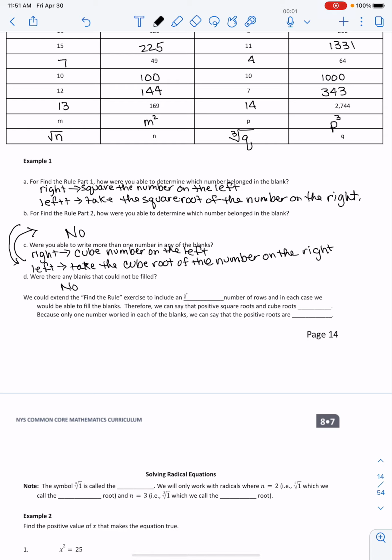So next for the exercise, it has x to the second power equals 169. Explain the first step in solving the equation. We are going to take the square root of both sides of the equation.